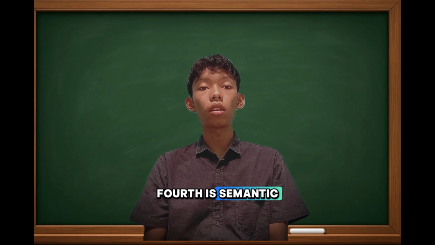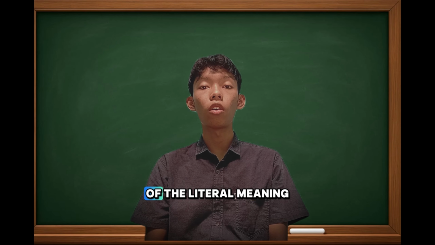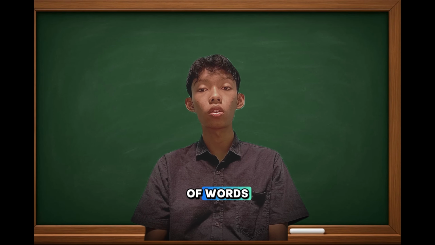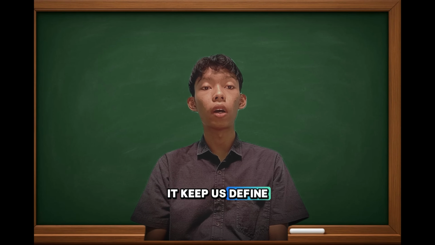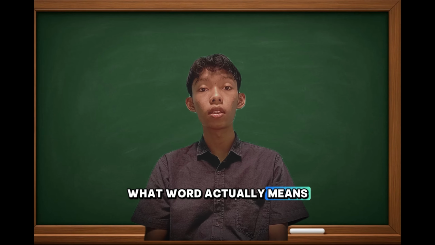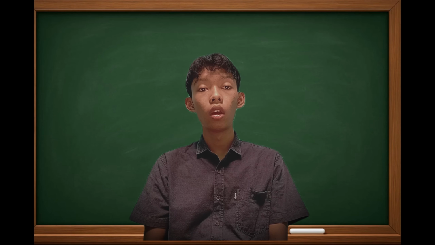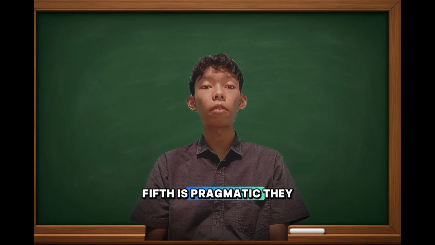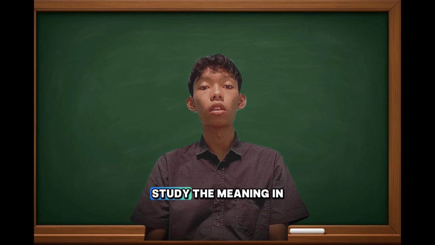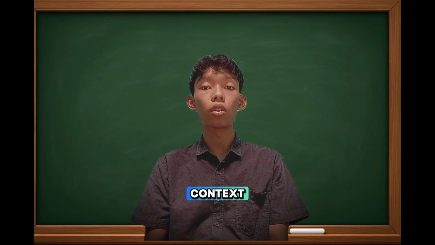Fourth is semantics. This is the study of the literal meaning of words. It helps us define what a word actually means, separate from its context. Fifth is pragmatics. This studies meaning in context.